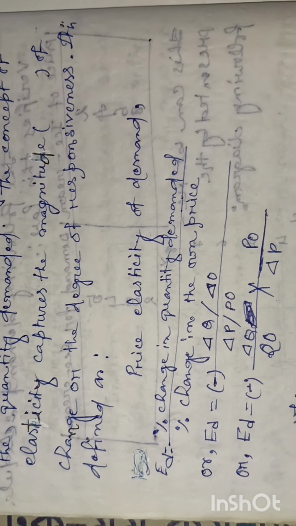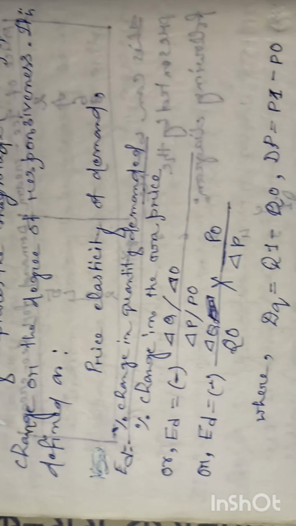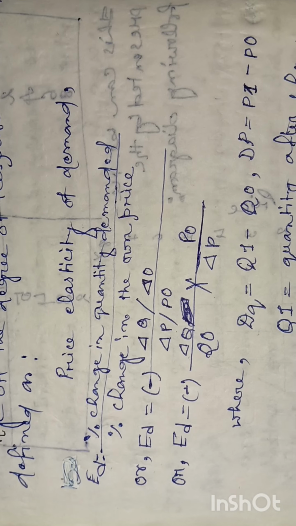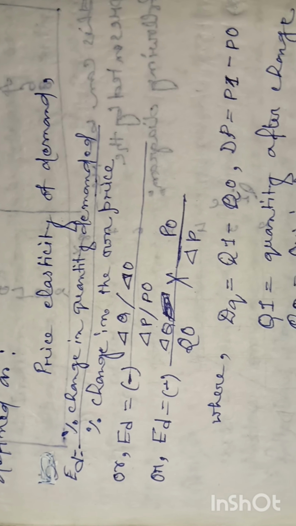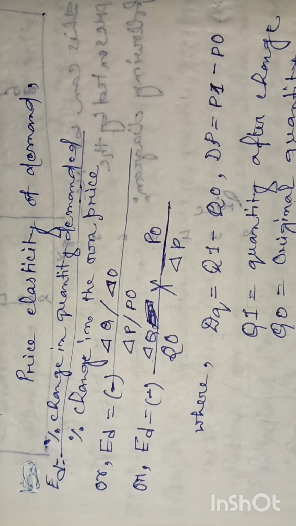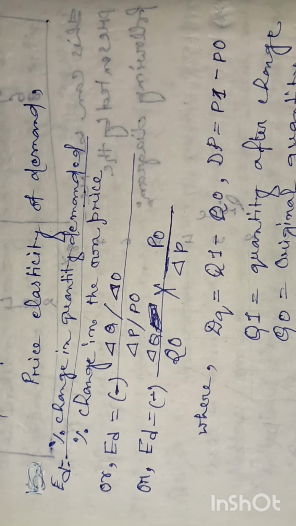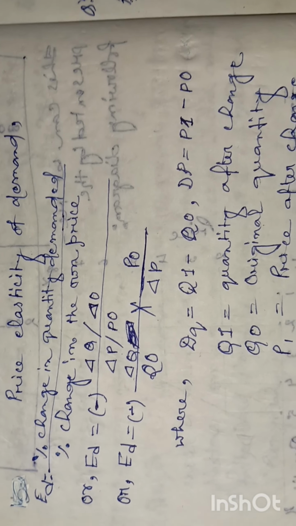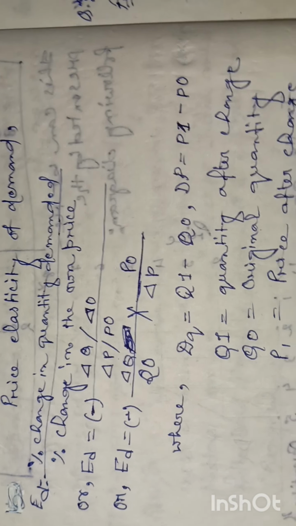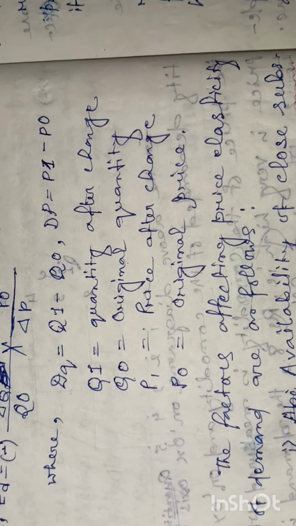It is defined as ED equal to percentage change in quantity demanded by percentage change in the own price, ED = (ΔQ/ΔP) × (P0/Q0), where ΔQ = Q1 minus Q0, ΔP = P1 minus P0, Q1 is quantity after change, Q0 original quantity, P1 price after change, P0 original price.